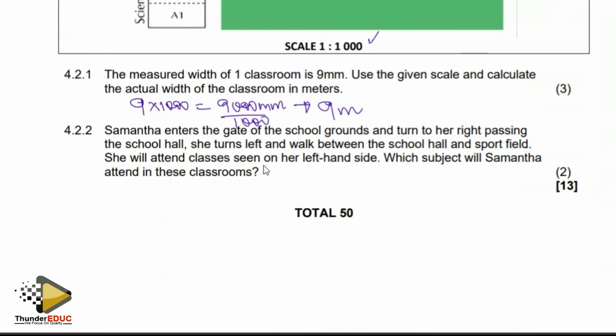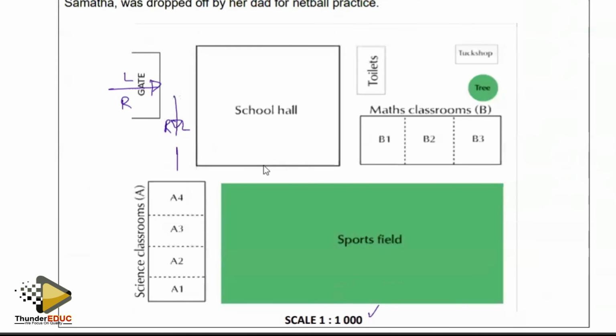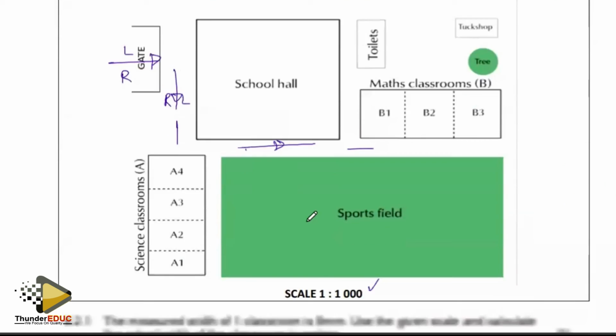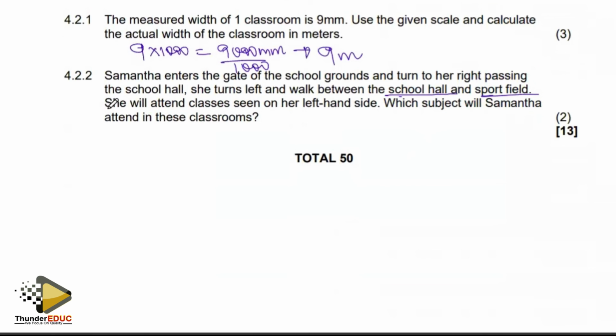She turns left and walks between the school hall and the sports field. That's enough to tell you. She's in between here, heading this other side. So they say she will attend classes seen on her left-hand side.